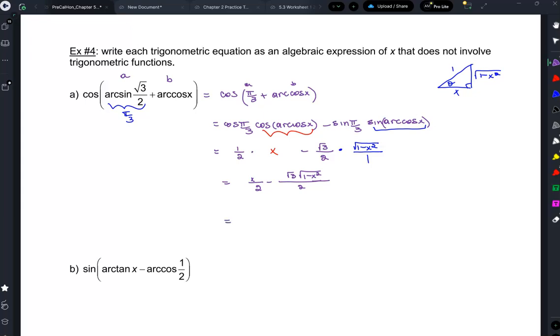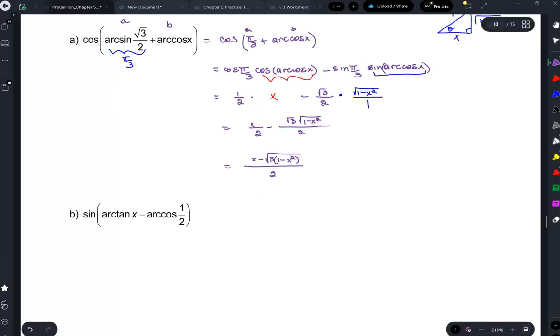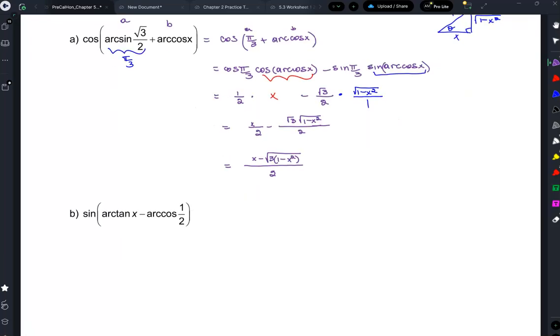So this will be also in one fraction, x minus, inside the root, 3 times 1 minus x squared, over 2. And before you ask me, do you need to distribute the 3? That's up to you. This is okay, or 3 minus 3x squared. Either of these are okay.